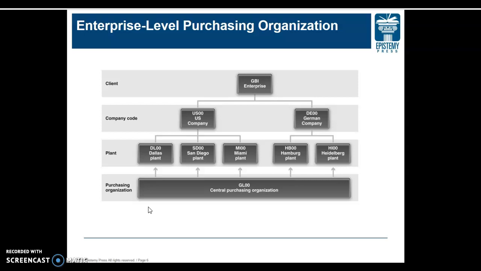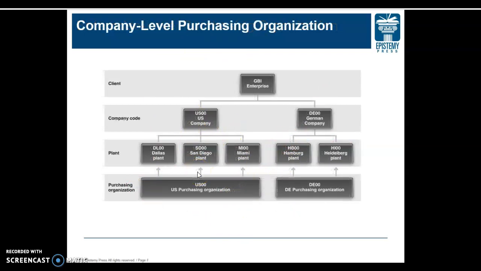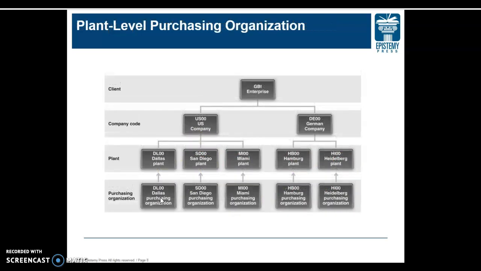One thing to keep in mind when it comes to purchasing, some enterprises have one purchasing organization for the entire enterprise. So one organization buys for all the plants and company codes, whereas some companies set it up where each different company does their own buying for all the plants under that company. And some companies set it up that all the purchasing is done for each plant. So they have a purchasing organization for each plant.